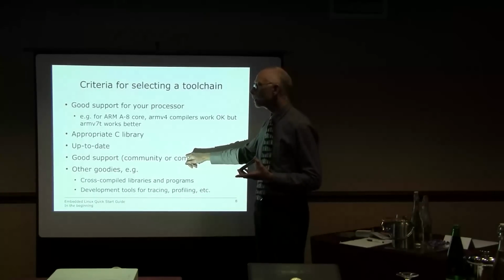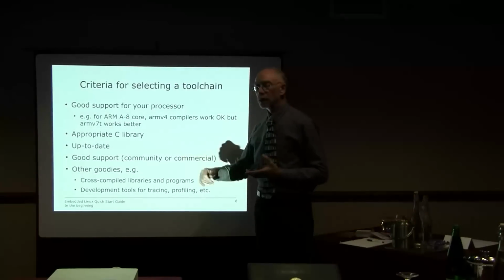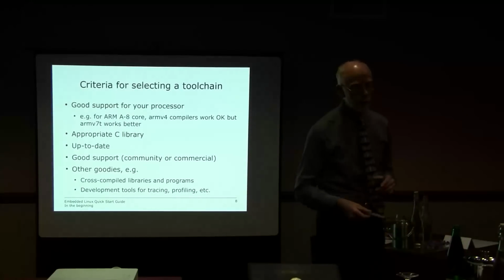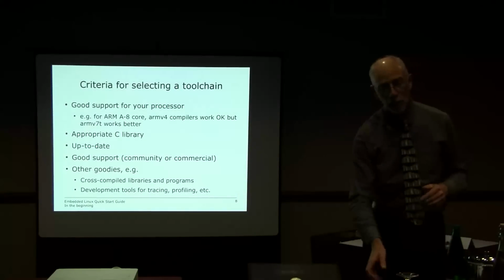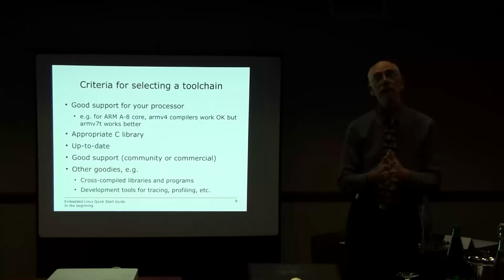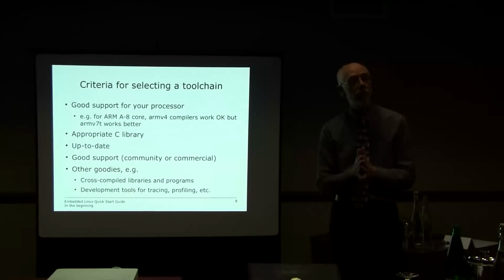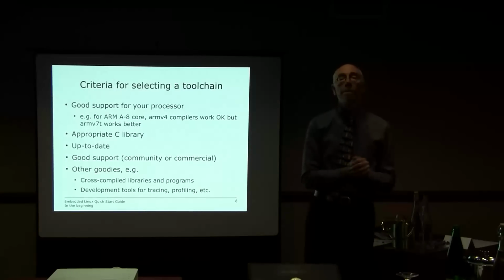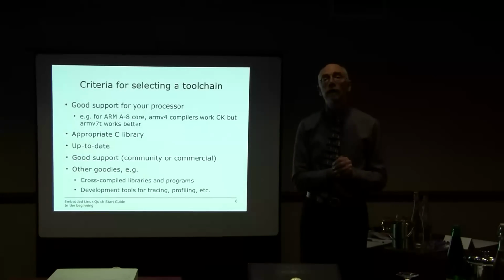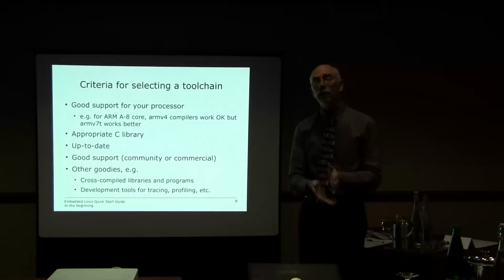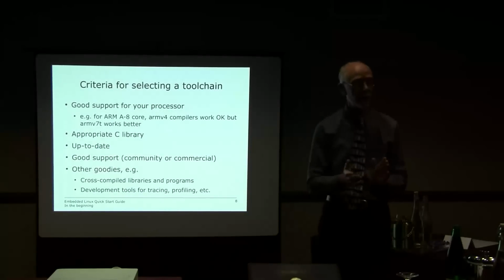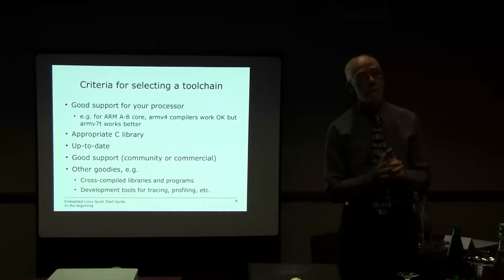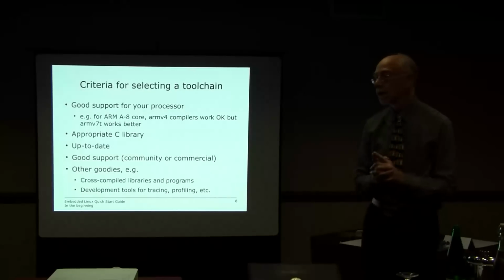Have a look at the support. If you are obtaining this toolchain from a commercial organisation, then ask them what level of support they're going to give you. In particular, are they actually going to keep it up to date? Coming back to this point here. Or have they just given you a toolchain with a board and they're just going to forget about you?